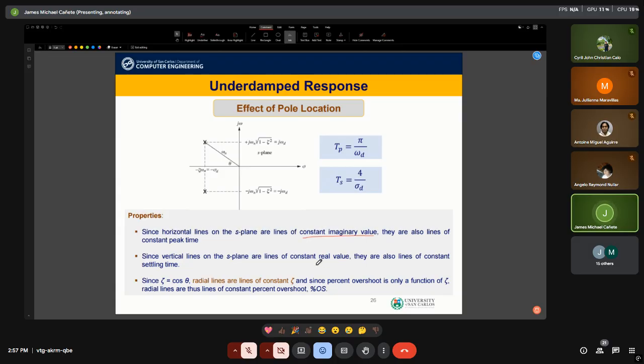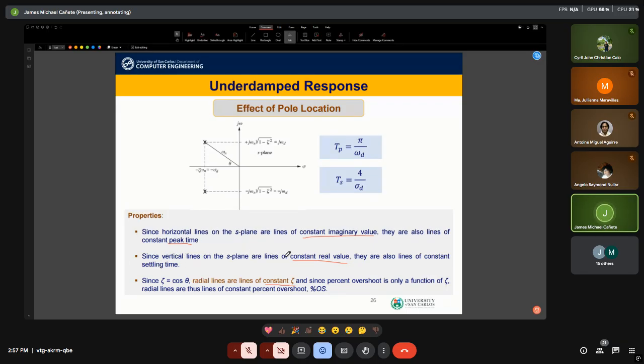Constant imaginary value, constant real value, and constant zeta, or always the same angle, have corresponding effects on the time response, and the graph will also change. If you have a constant imaginary value, that is, you are moving the pole left and right, changing the real part while the imaginary component stays the same, the effect on your second order system is a constant peak time.